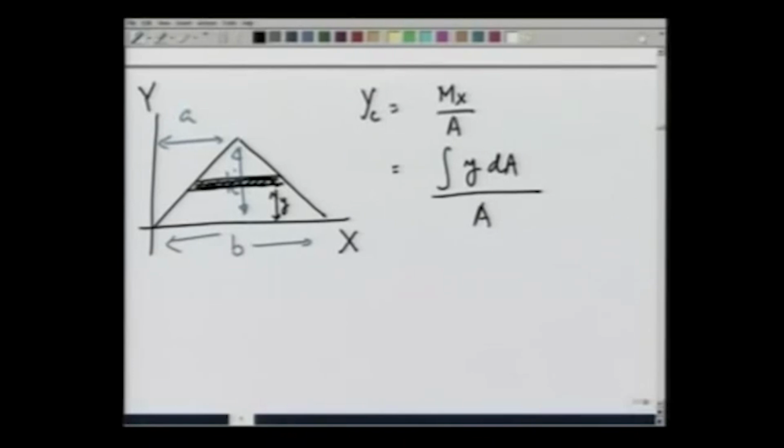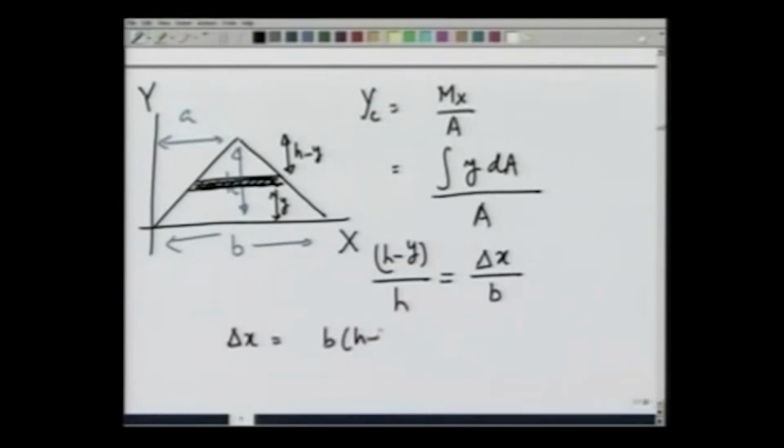You can see from similarity of triangles that I am going to have h minus y divided by h is equal to the width of this strip, which let me call delta x, divided by b, and therefore, delta x is equal to b times h minus y divided by h. This is the length of this strip.